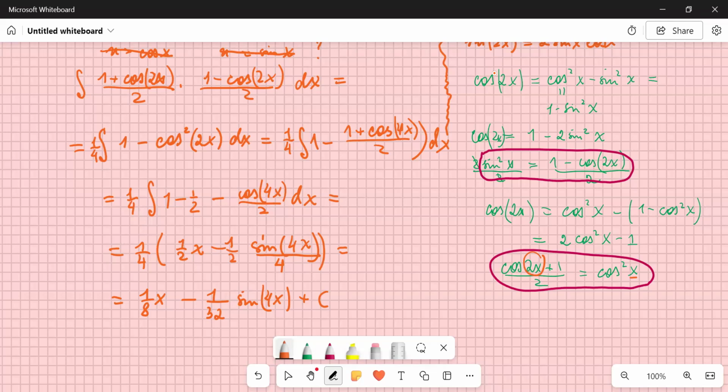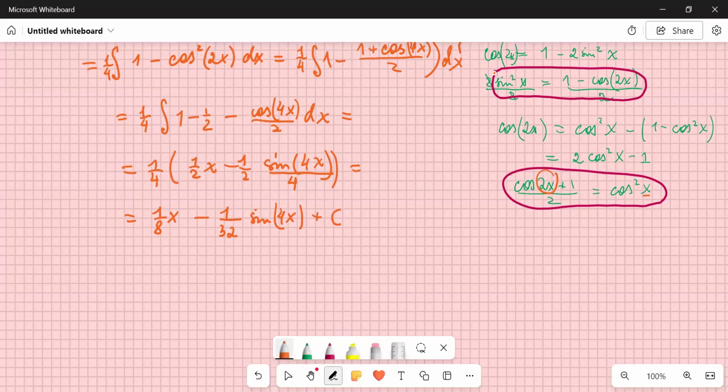Okay, so I'm going to give you one problem to work by yourself, because these even powers problems are very long, and there are not too many of them. So I'm going to give you one problem for self-work.